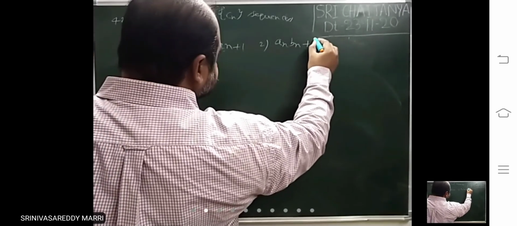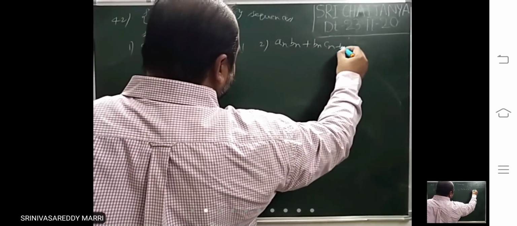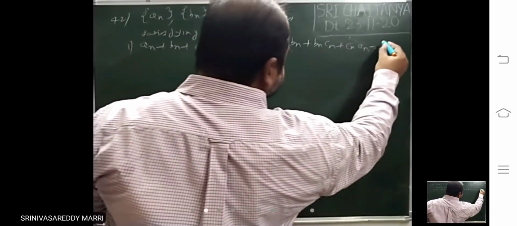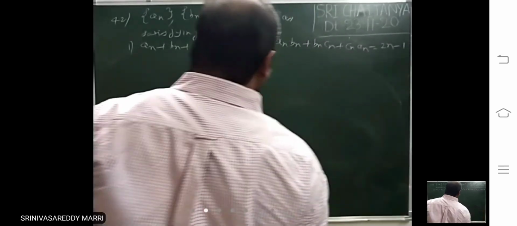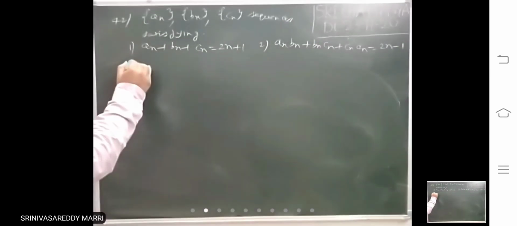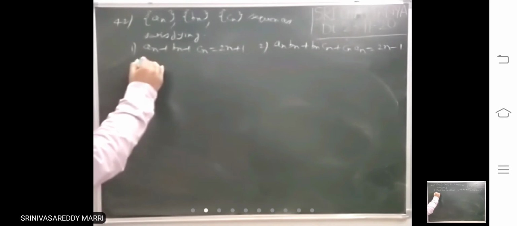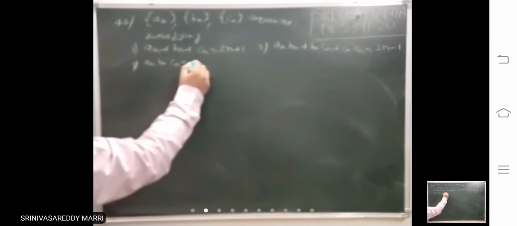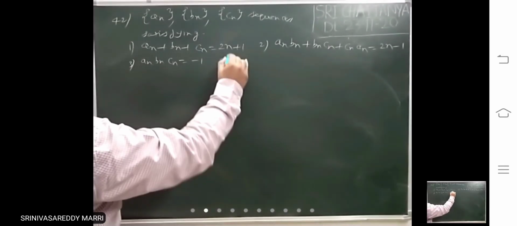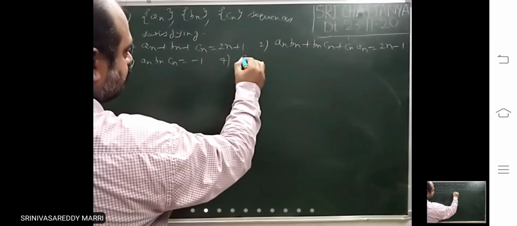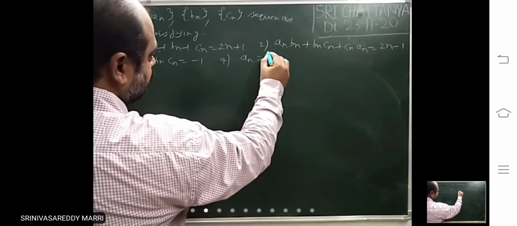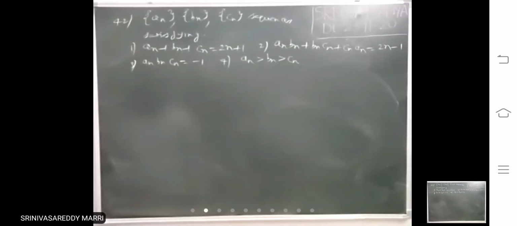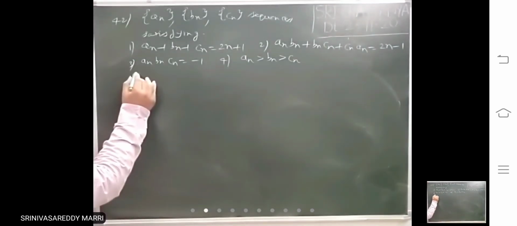Then a_n b_n plus the second condition, 2n minus 1, and a third and fourth condition. So four conditions are satisfied.